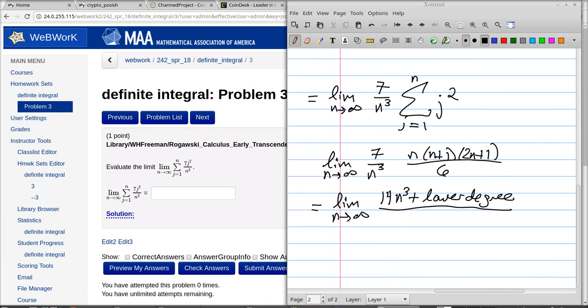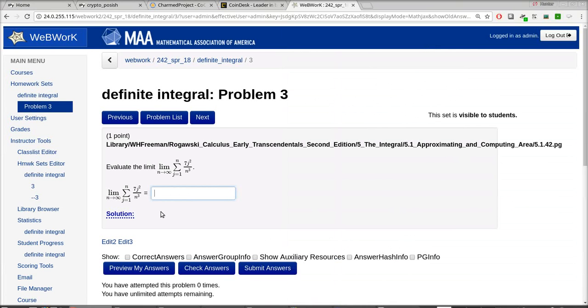And on the bottom you've got 6n cubed. There's a well-known fact that if you have a situation like this, the limit is just the ratio of the leading terms. So it's 14 over 6, which is 7 over 3. And let's check that out.